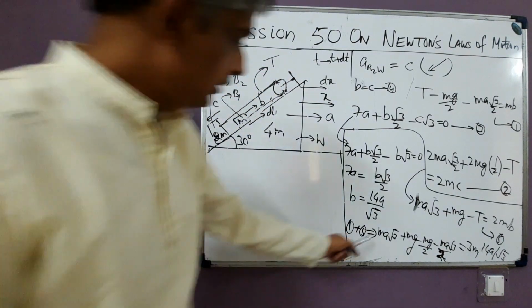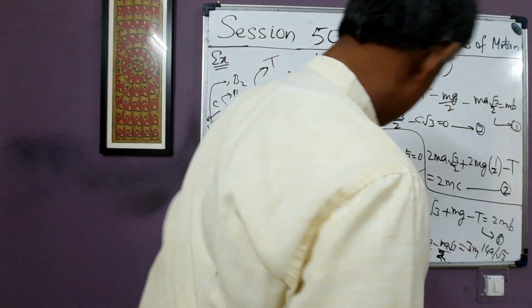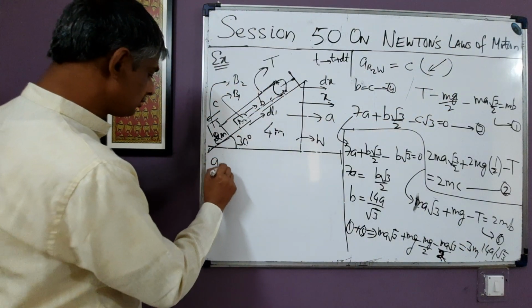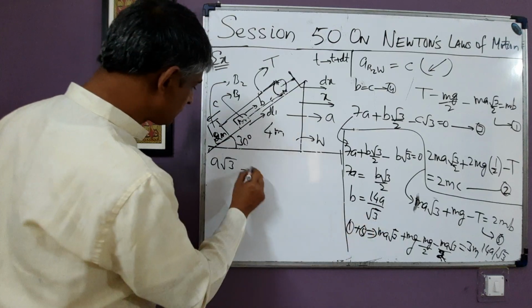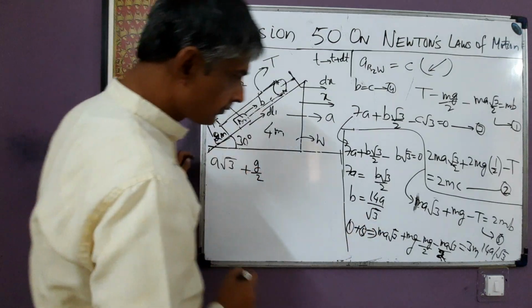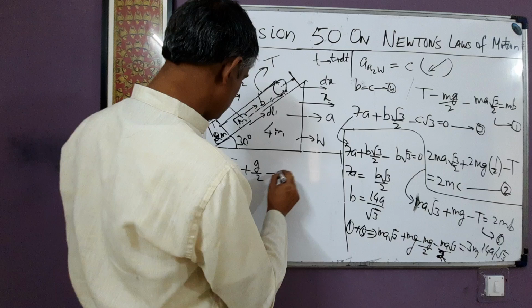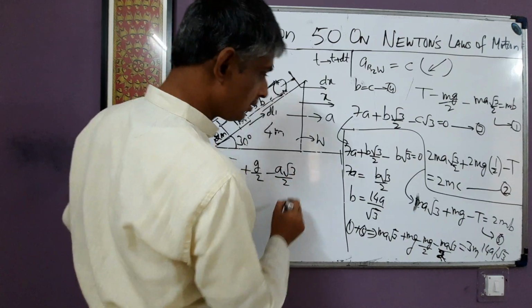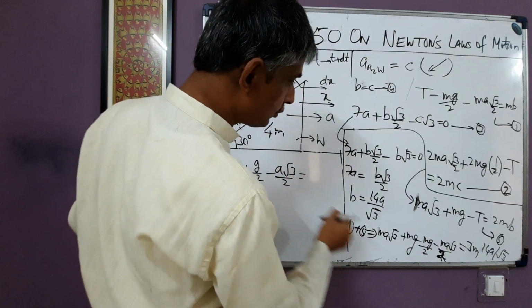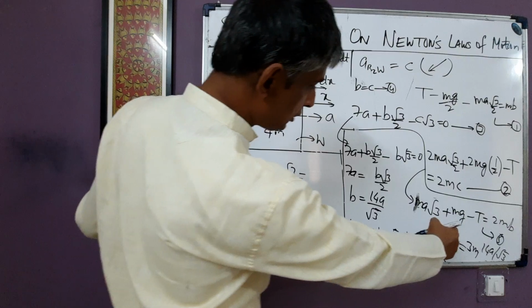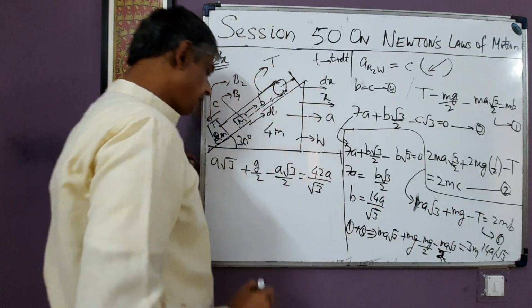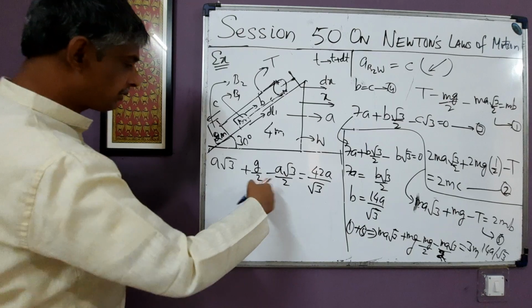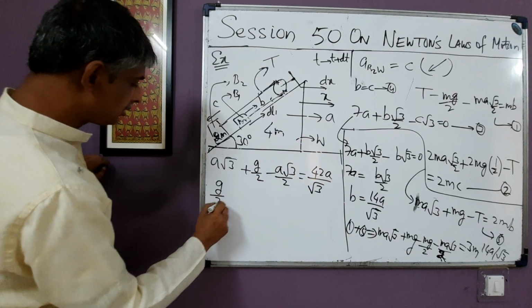So now, in this equation we can eliminate m, as m is a common term. So what do we get? A root 3 plus g minus g by 2 becomes simply g by 2 minus A root 3 by 2, that is equal to 42A by root 3. Now I'll bring A to that side.